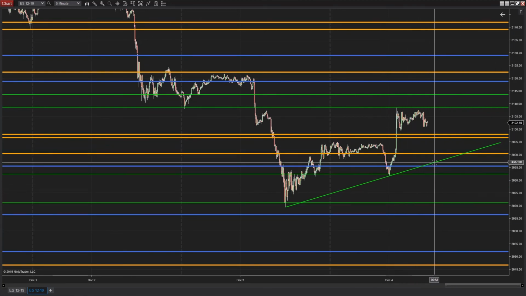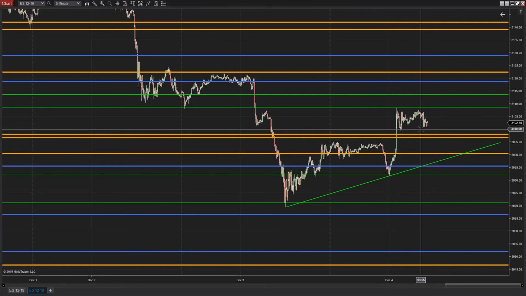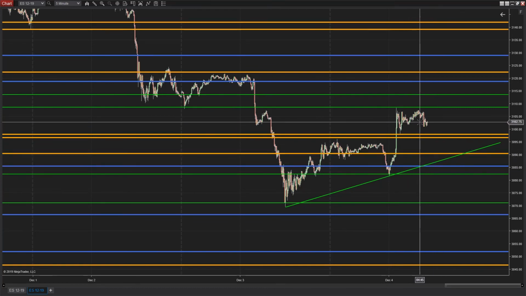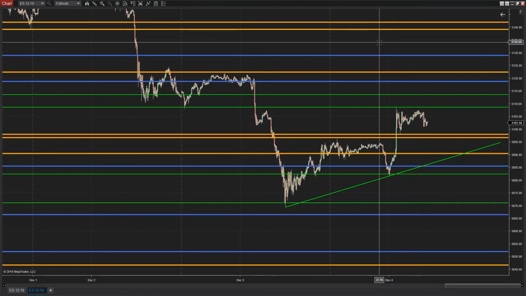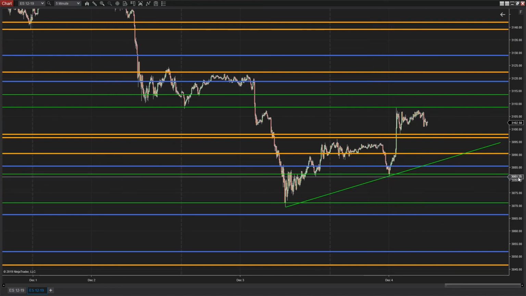So above this area I'm a buyer, and up in this area here or here, potential selling opportunities, and then up here again. So probably not, still pretty volatile. We've got 20 points between here and here.